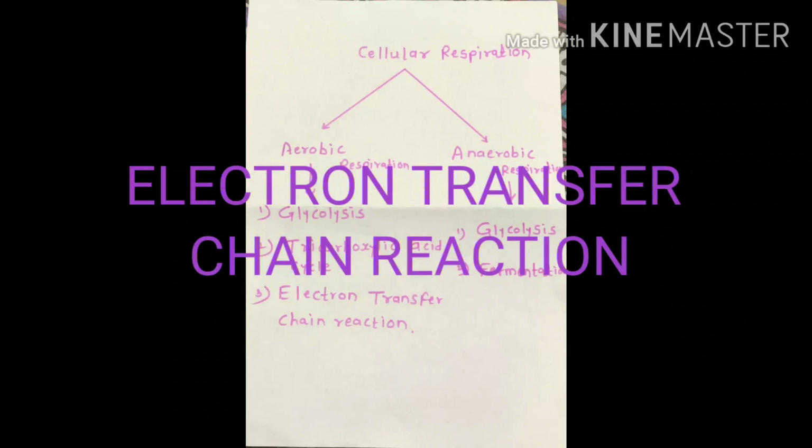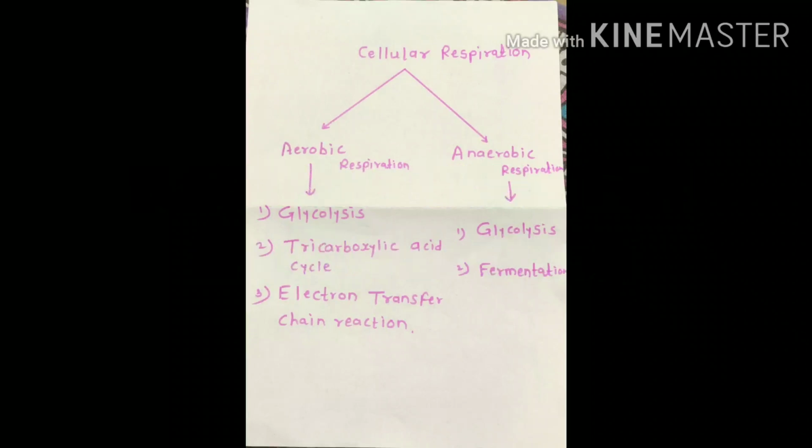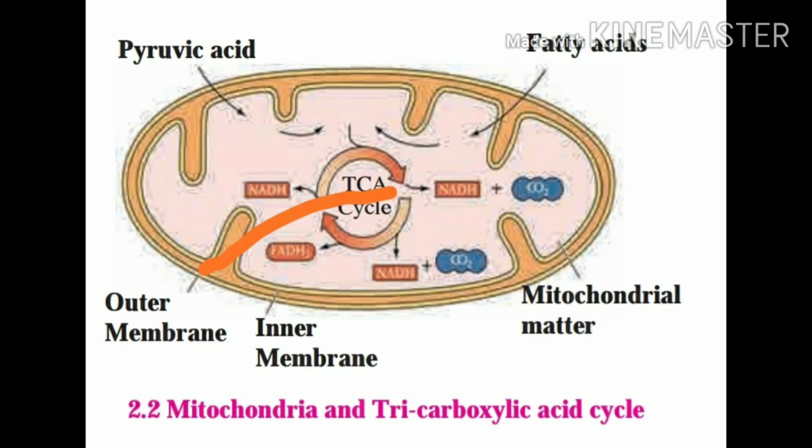Besides ATP, water molecules are formed in this reaction. The electron transfer chain reaction operates in the mitochondria only. Thus, a molecule of glucose is completely oxidized in aerobic respiration, and molecules of CO2 and H2O are produced along with energy.